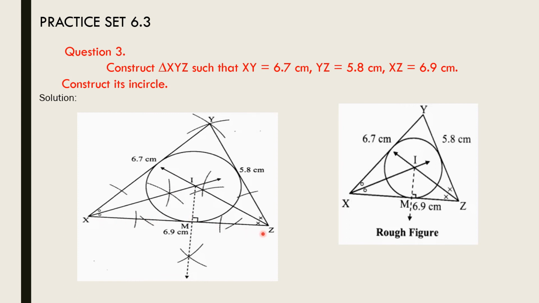Then with point I as the center and IM as the radius, draw a circle which touches all three sides of the triangle. This is the incircle of the triangle.